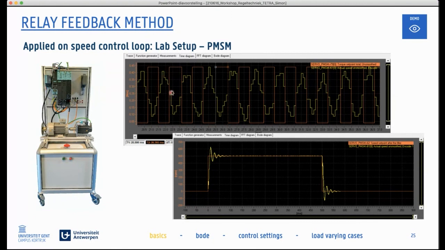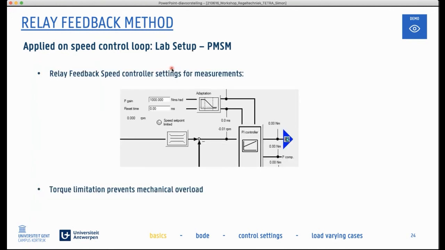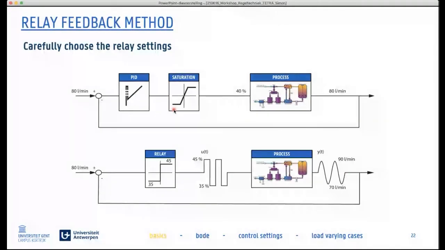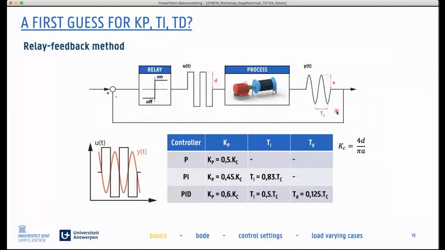Here is the actual speed at that time. So with that combination, we have enough data to apply our method here in this table. We know the amplitude of the output signal, we know the period of the output signal, and we know the actual input of the system.